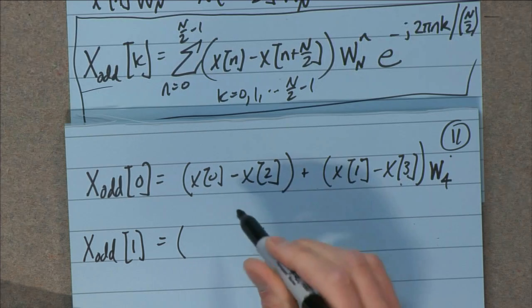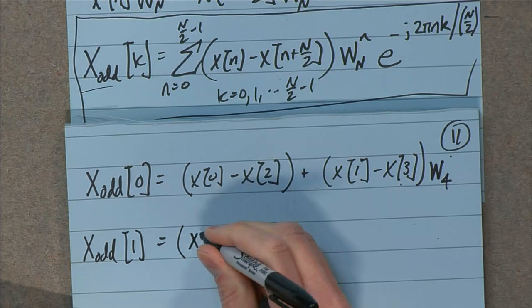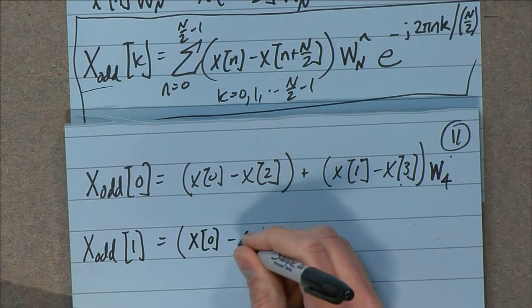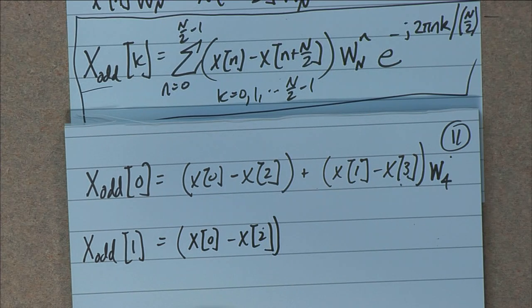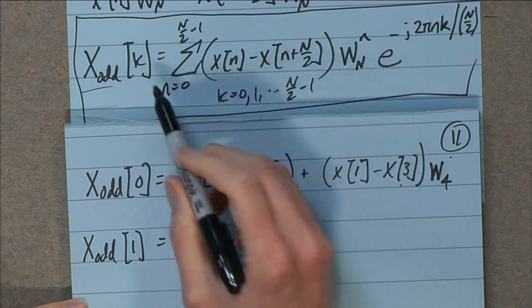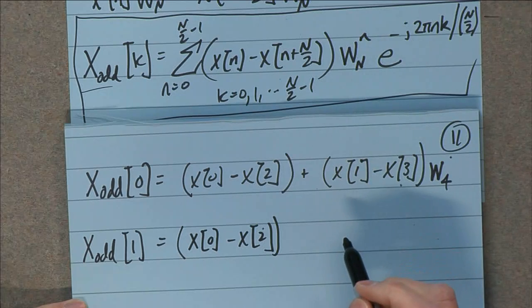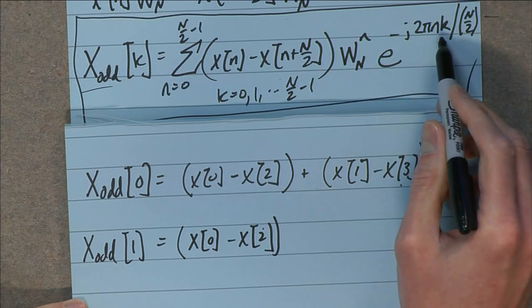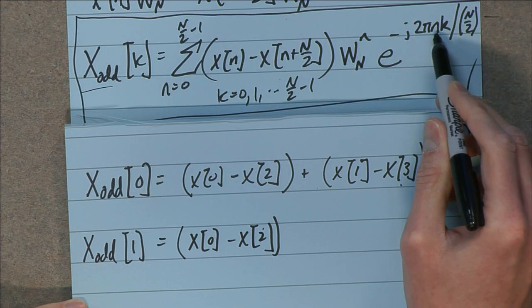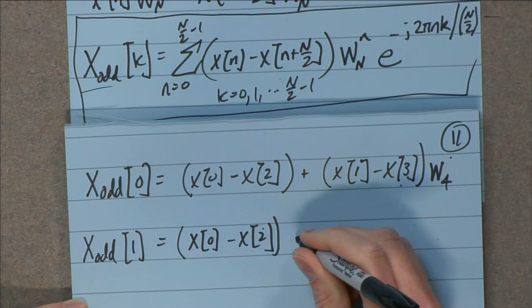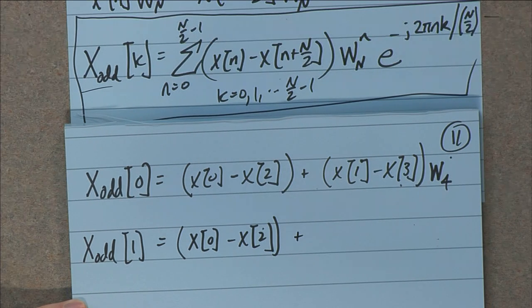So the very last one is n is 0, and k is 1. There's no factor there. That goes away. And that leaves what? k is 1, but n is 0, so that goes away. So I think we're just left with that.